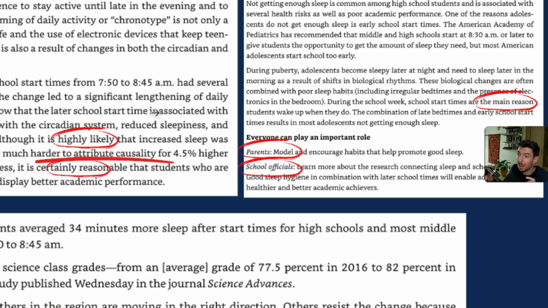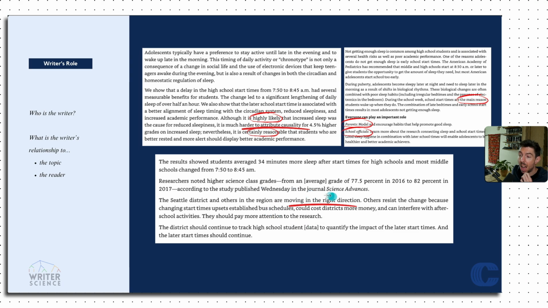They're saying, oh, it seems possible that, it is certainly reasonable to think that, it is hard to attribute causality. That means it's hard for us to say that this causes that. Okay, they're very careful in the way that they measure it. Whereas over here, we have a value judgment. The writer is saying the Seattle district is moving in the right direction. Right? We don't see value judgments up here.